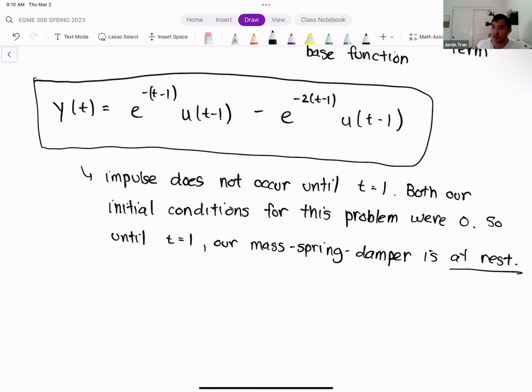And so, because of this, our solution needs to reflect this fact, right? Our solution shouldn't have any kind of behavior. It shouldn't have any kind of action, you should say, before t is equal to 1.